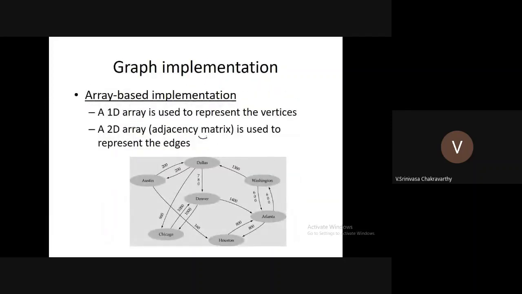I'll call this A. So Aij is equal to 1 if i and j are connected or they have an edge, and is equal to 0 otherwise. If there is a weightage on the edges, then Aij is equal to that weight value.